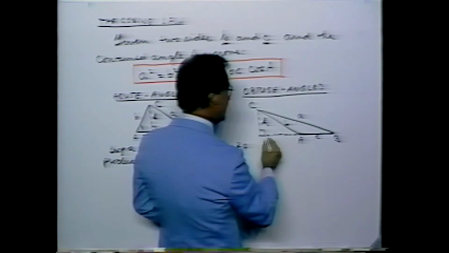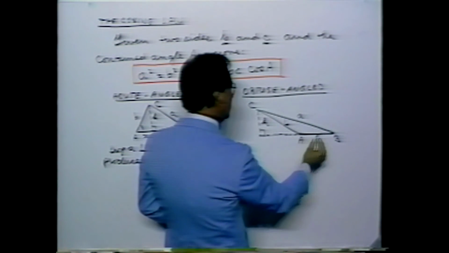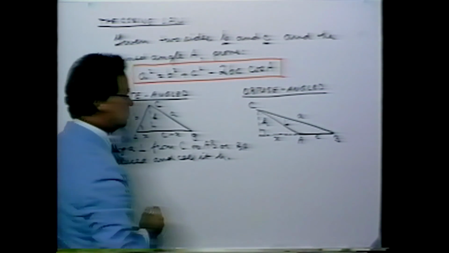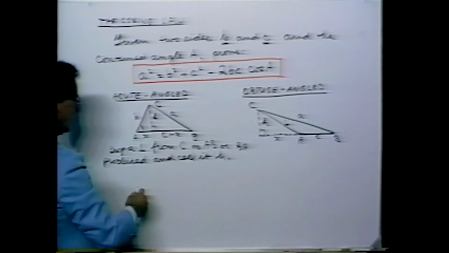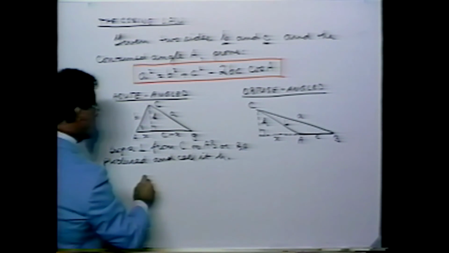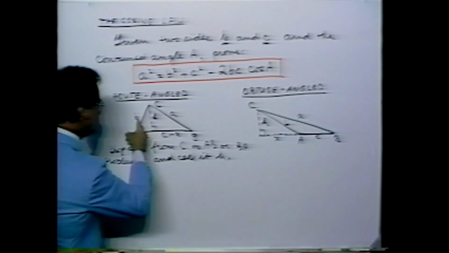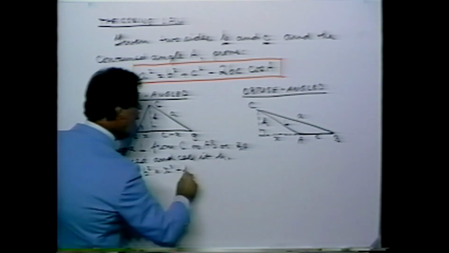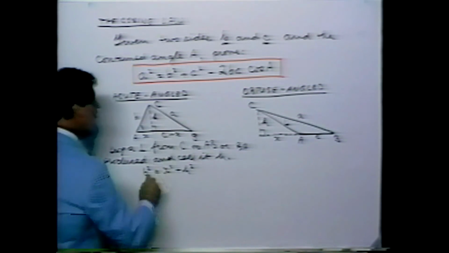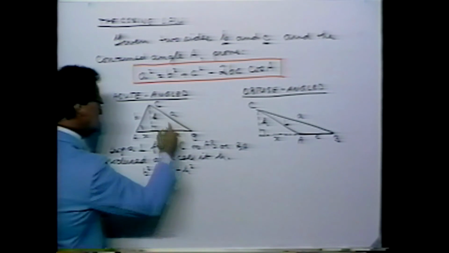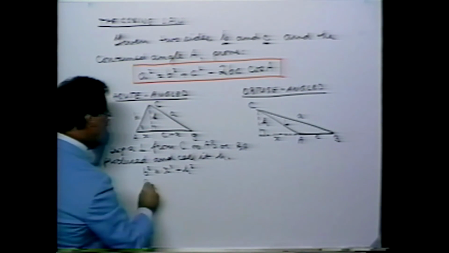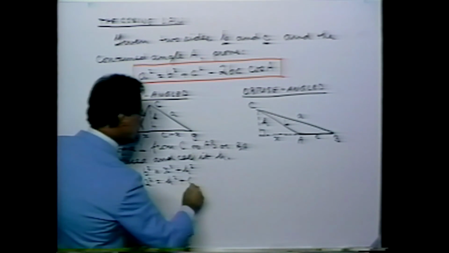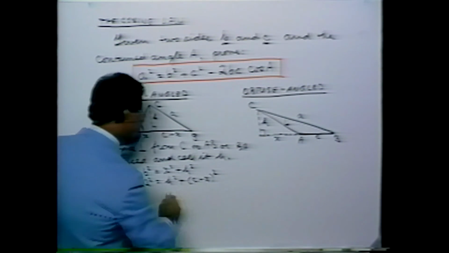Let's call the amount produced along BA as x, the length x. In this triangle, we have that b squared is equal to x squared plus h squared. Similarly, in this right angle triangle here, by the Pythagorean theorem, a squared is equal to h squared plus c minus x quantity squared.